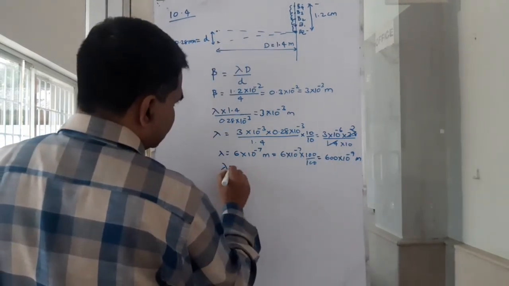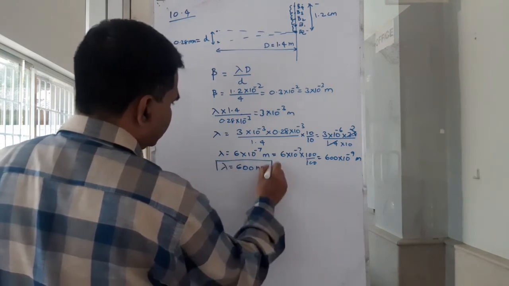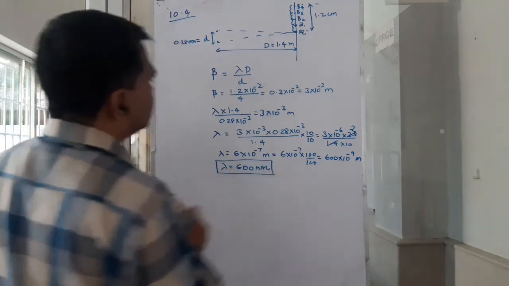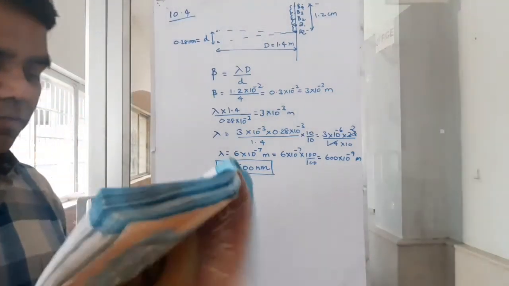So lambda is equal to 600 nanometers. This is how we do this problem. Problem 10.6 is an important problem. Many times questions have been asked based on this model, so pay attention to it.